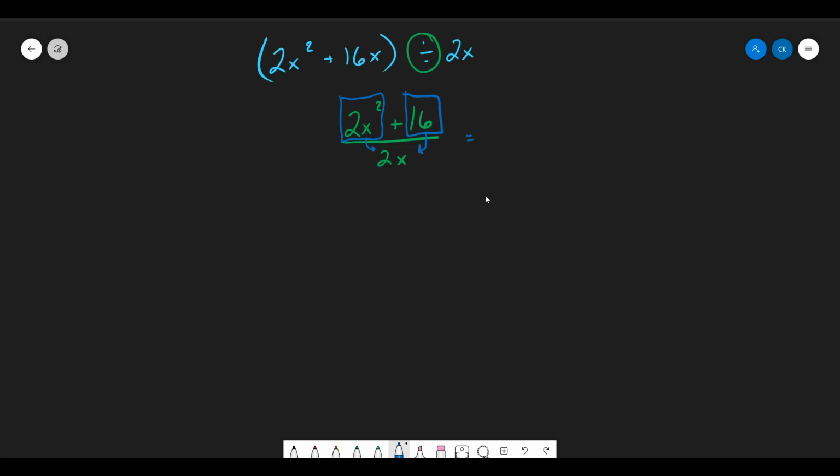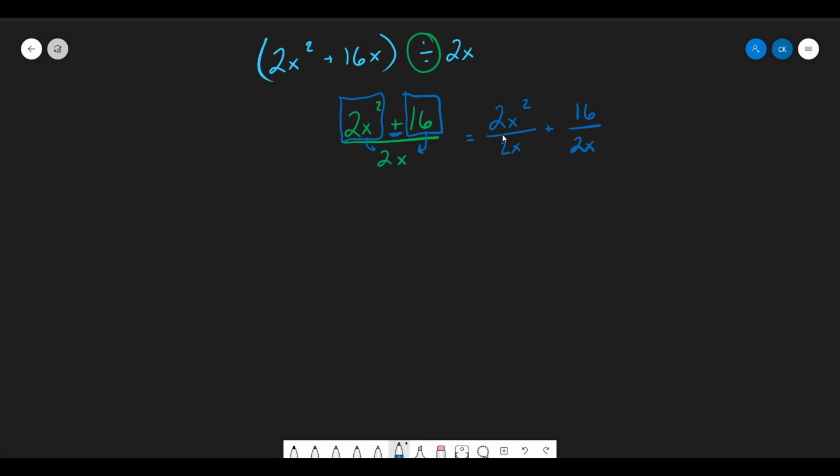I'm going to rewrite this as the first term, 2x squared, divided by 2x, and then whatever sign we have here, plus 16 divided by 2x, the next term divided by the denominator.